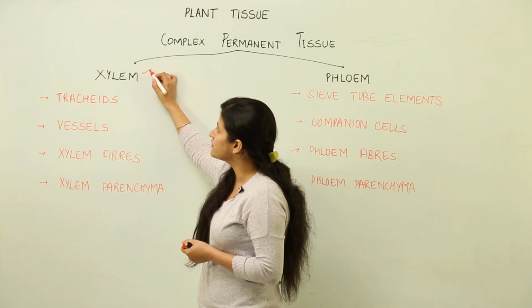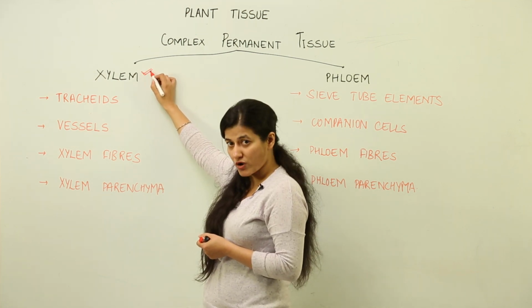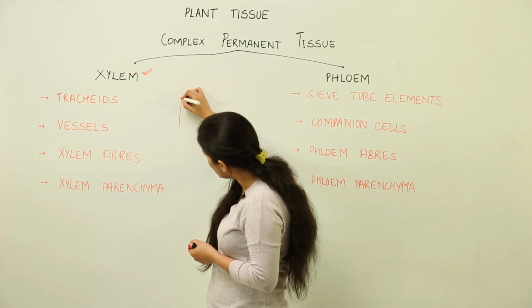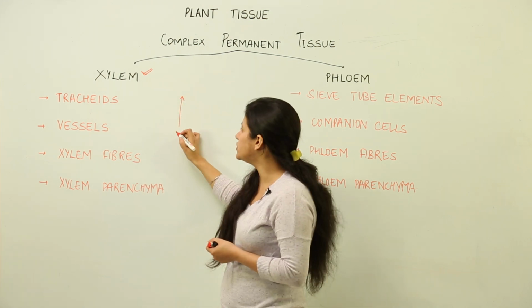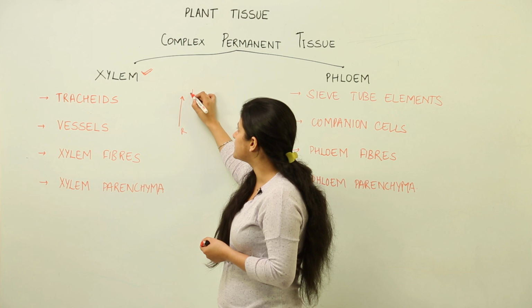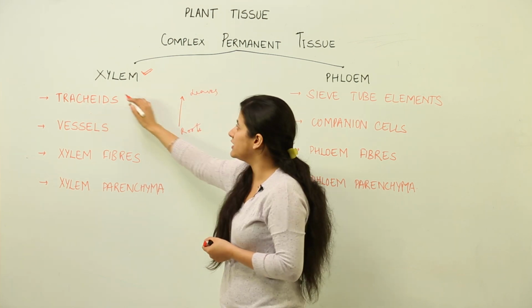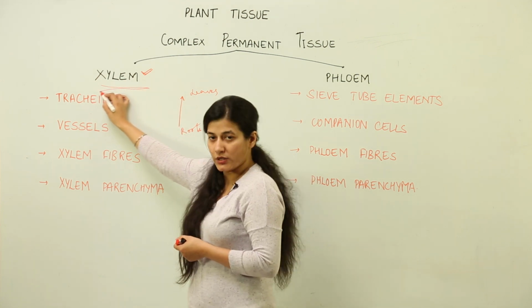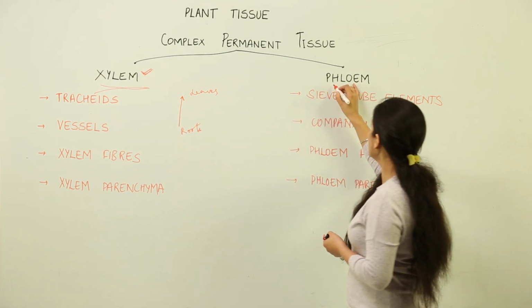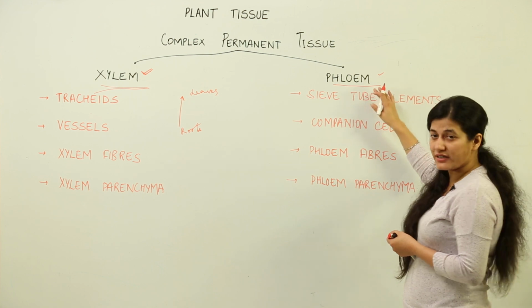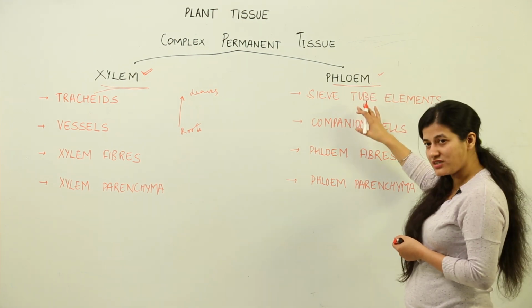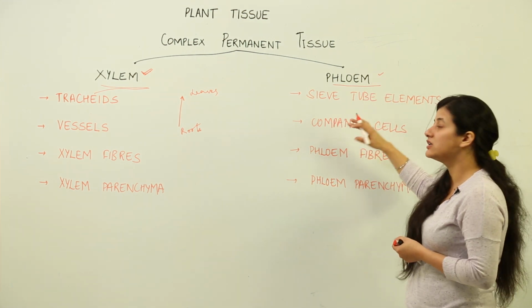So we need to know what the function of xylem is. First of all, the function of xylem is conduction of water in one direction, that is taking it from roots to the leaves. So basically this is a conducting tissue. Then in case of phloem, this carries out bidirectional flow of the food material which is synthesized in the leaves.